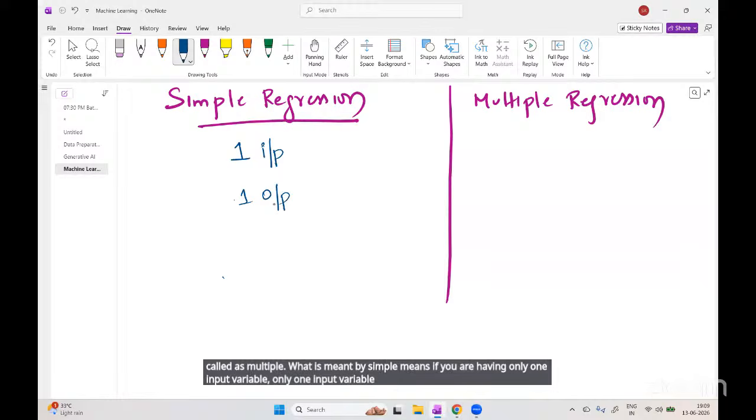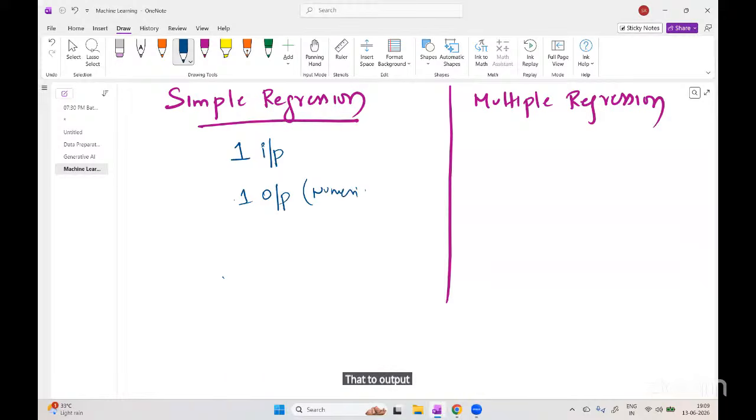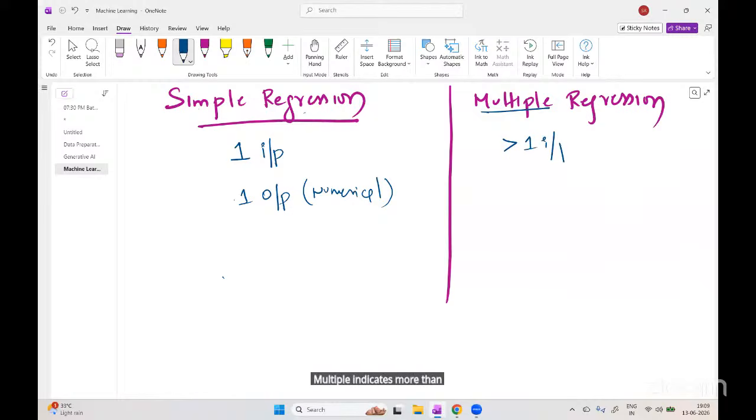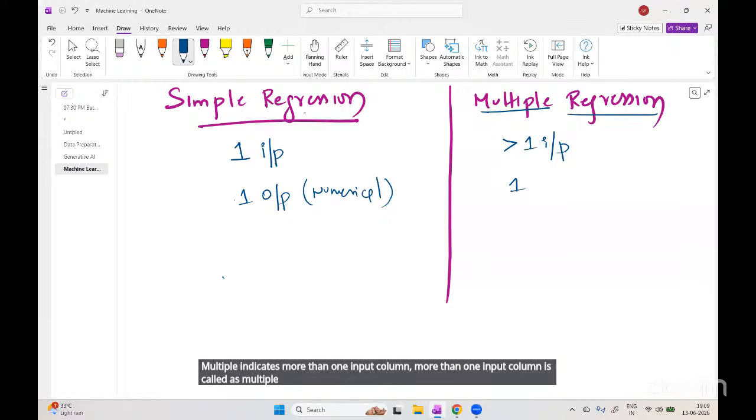Output is also one only, and that output is numeric. Output should be 100% numerical because regression indicates the output is numerical. Simple indicates one input column. Multiple indicates more than one input column. Regression means one output, and that output should be numerical, which is continuous.